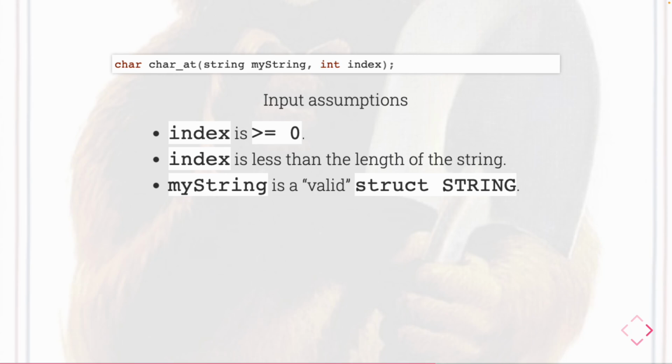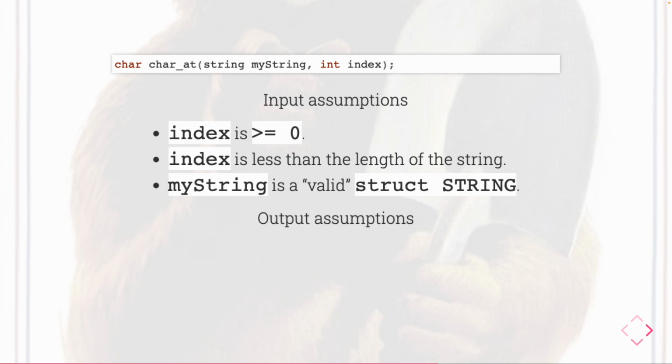So its contents are non-null. Its length actually is the length of the string. I would say stuff like that, but the struct string is so simple that I think those really are the only two conditions for it to be valid.